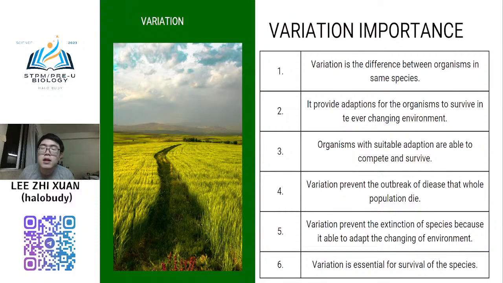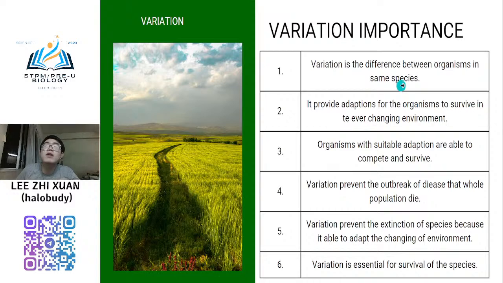Until now, past year SPM has not asked this in any question, either objective, structure, or essay, but it is in the syllabus, so you need to know it. First, you need to know the importance and the definition of variation. Variation is the differences between organisms in the same species.